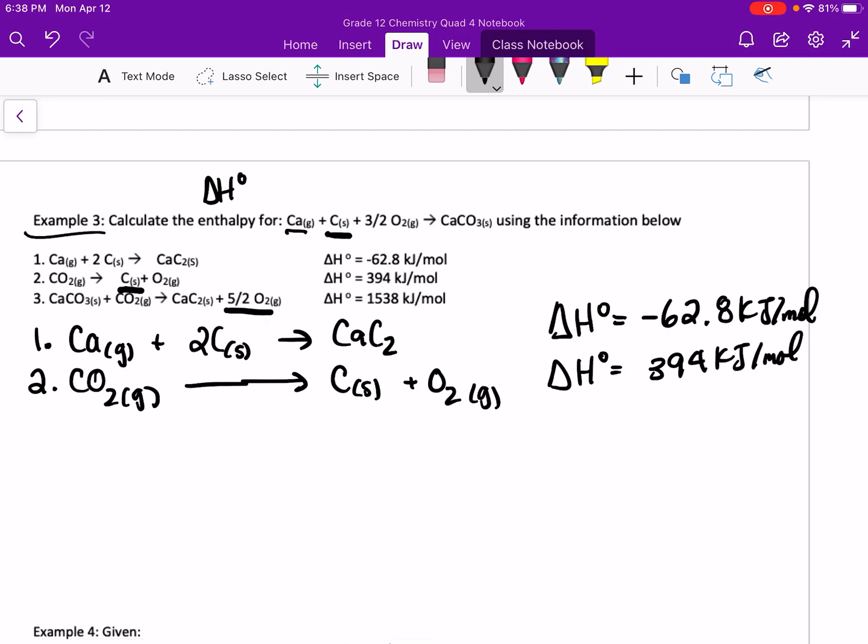All right, for the third one, we're going to reverse it. And when we do that, we'll be able to cancel out our calcium carbide, which is not in our target equation, and we'll be able to have the product of calcium carbonate on the correct side. So I'll go ahead and do that.